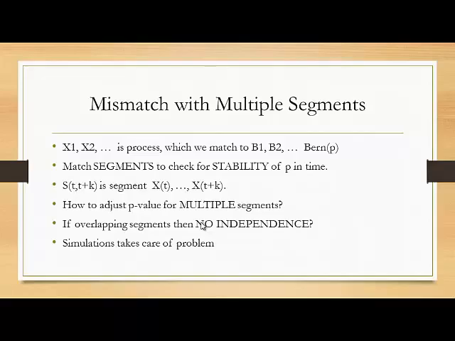But now I want to look at the case where I look at all 30 period segments, contiguous ones. The first one going from 1 to 30, and the second one going from 2 to 31, and so on. So now everything is overlapping, and then there is no independence.